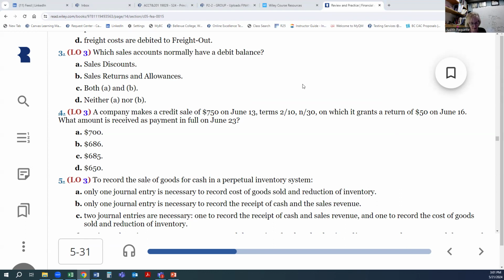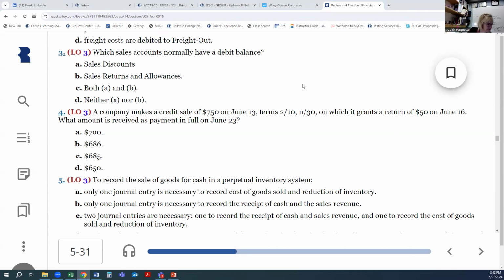Okay. Nick, do you know the answer? Nick, you are correct. You're slightly off on the rounding.